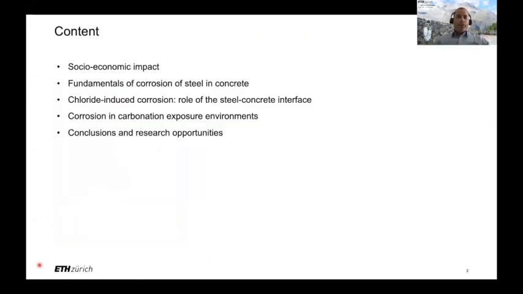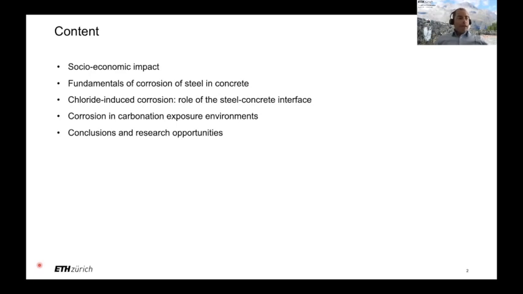Today, I'm going to show you a couple of topics all related to corrosion of steel in concrete. First of all, I would like to give a brief reminder and overview of the socio-economic impact of corrosion of steel in concrete. After that, we are going to look into the fundamentals of corrosion of steel in concrete very briefly.